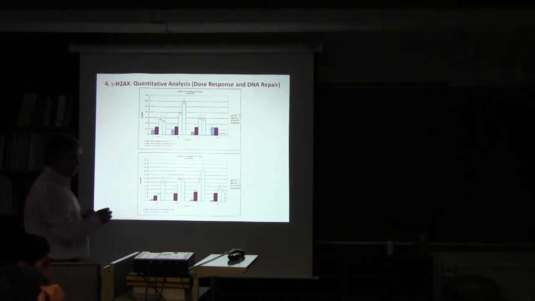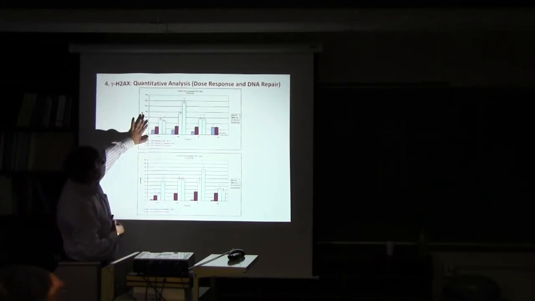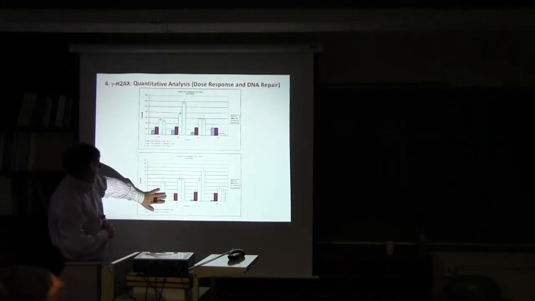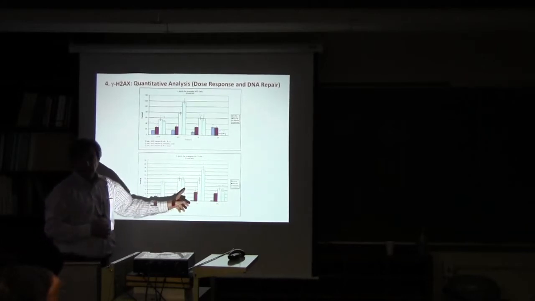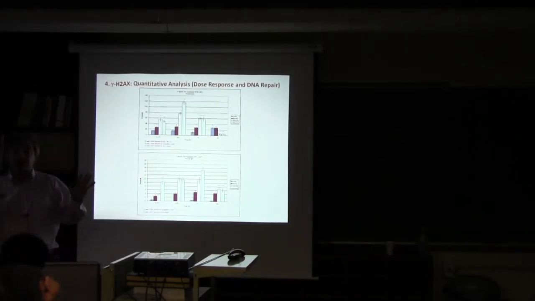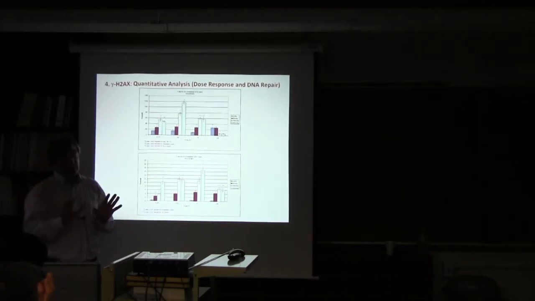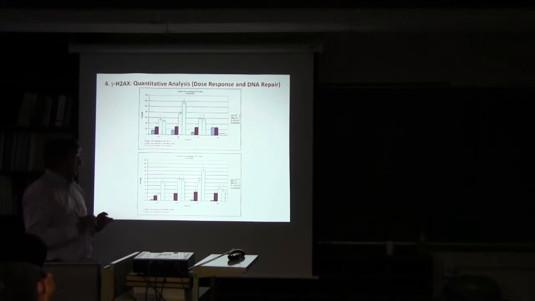Is that right, Charles? This is for stem cells, and this is for neural cells. You can see some changes in the kinetics, and the repair is a little different. We are talking about undifferentiated cells versus fully differentiated neural cells, so there are some changes in repair capabilities too. So this is something that you can do.